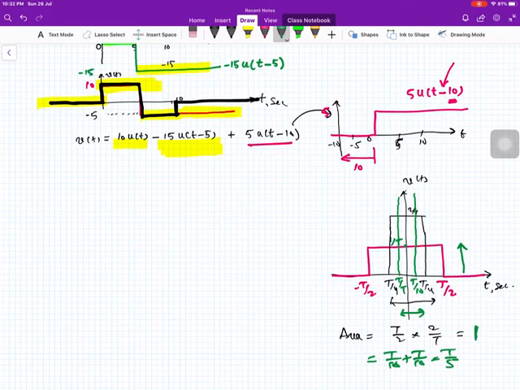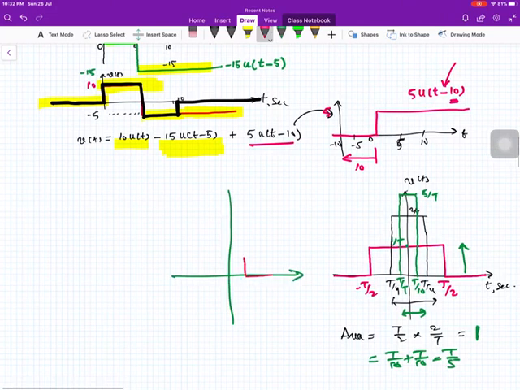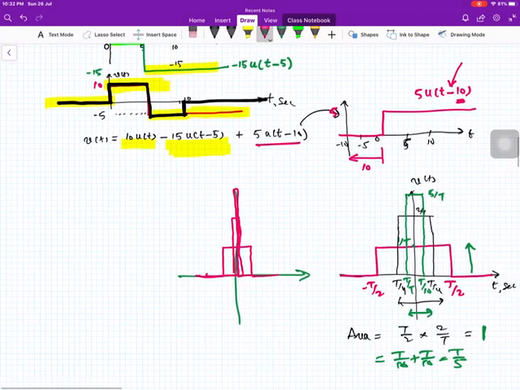In order to keep the area 1, the height of this should be 5 divided by t. So it means that if we keep on reducing the width, the height will be increasing. This is not a very good sketch over here, so you can follow the textbook.